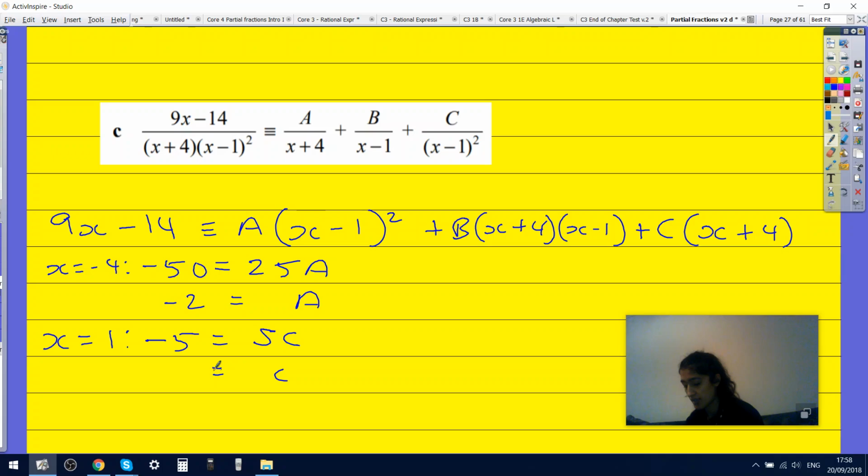And then when you know everything else, so minus 14, minus 2, a is minus 2. So do you make x equals 0? I don't think that would work. And then substitute all the other ones that we found out.